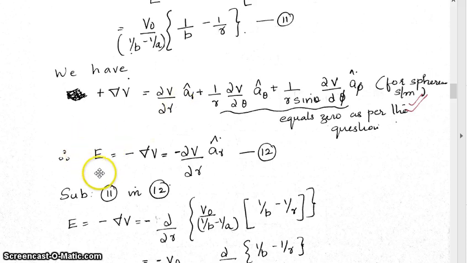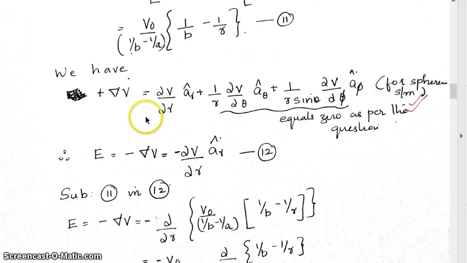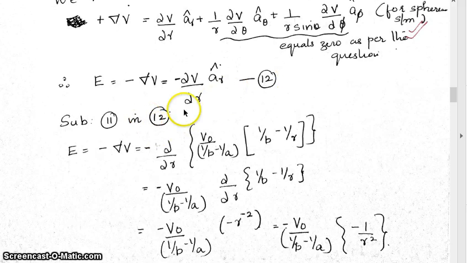And we know the relation connecting E and del v. What is it? E is equal to minus del v, which is equal to minus dou v by dou r of ar. Now I am substituting equation 11 in 12. Here we have the value of v, that is substituted in equation 12.